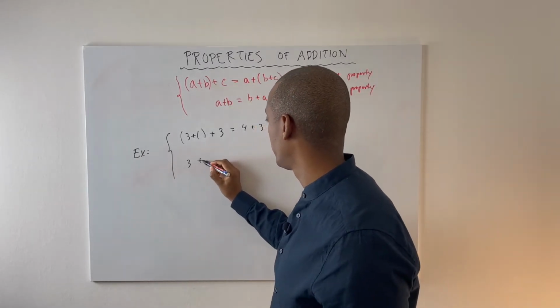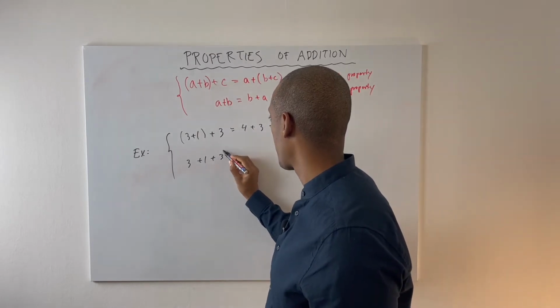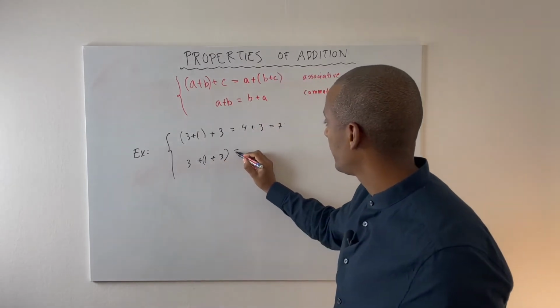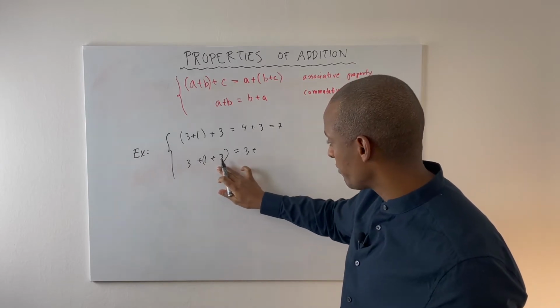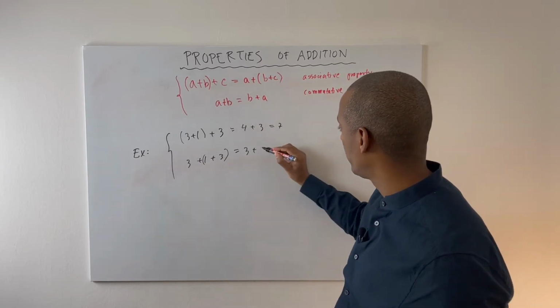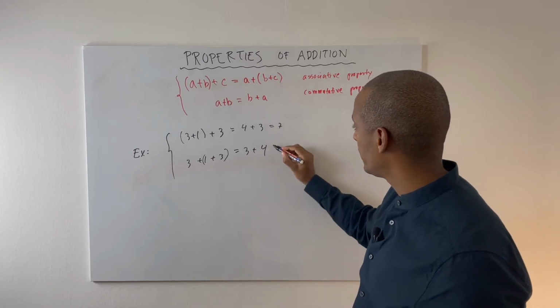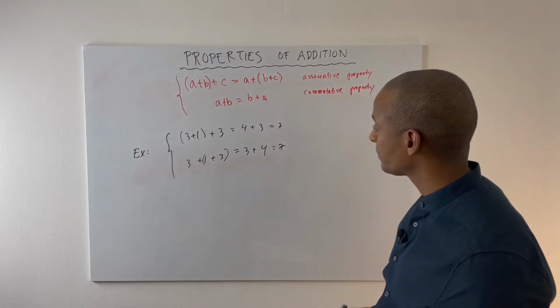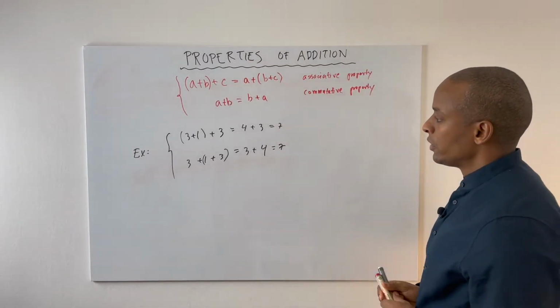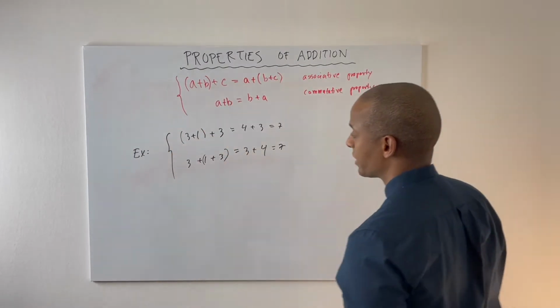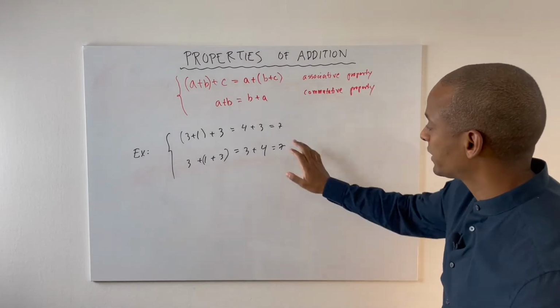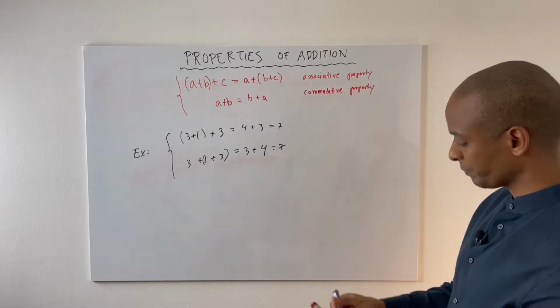Or, if we have it this way, 3 + (1 + 3), then it says 3 plus whatever is inside the bracket, which is 4, right? So that's also equal to 7. So we can see here that if the brackets are here or here, it doesn't matter. And that's the associative property of addition.